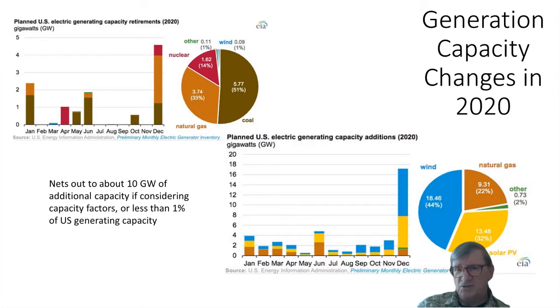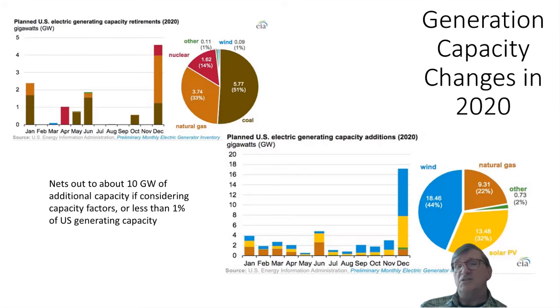if you look at what we're adding to capacity, wind and solar photovoltaic are by far the two largest contributors, with a little bit of natural gas to fill it out.